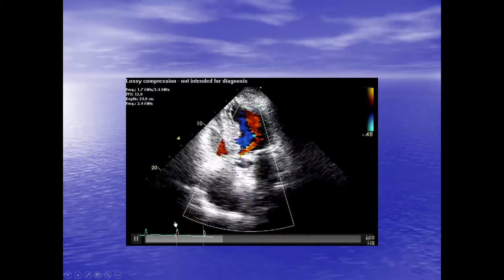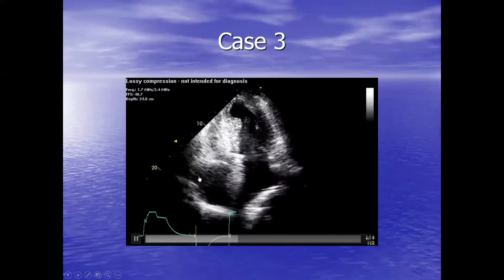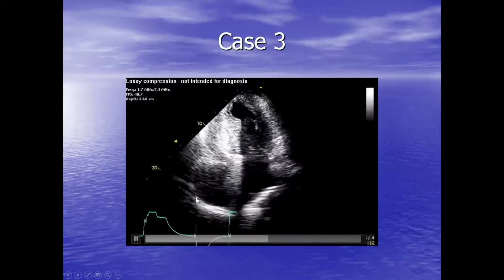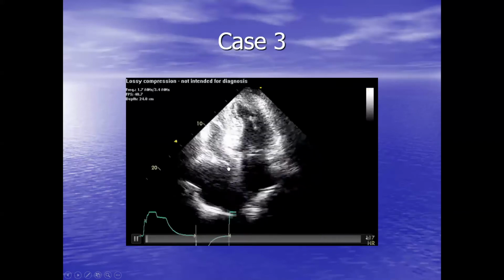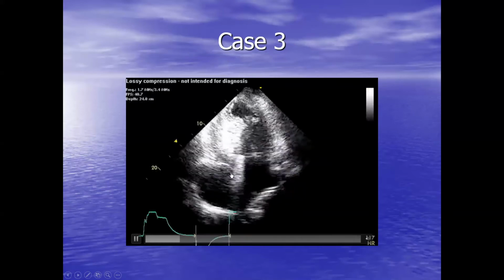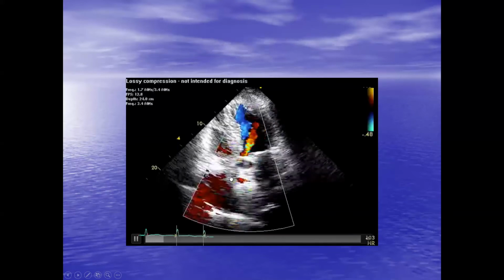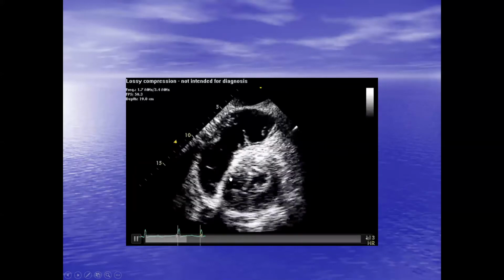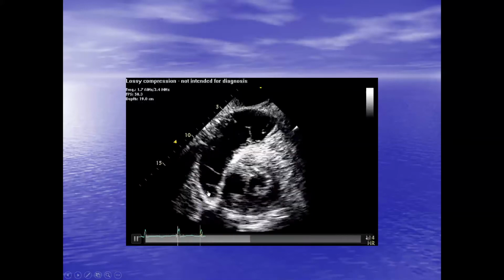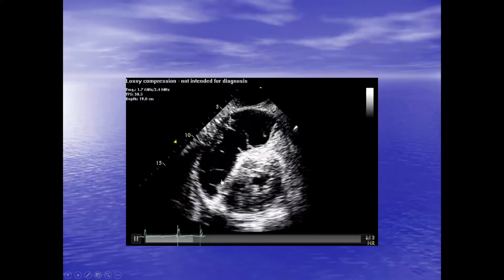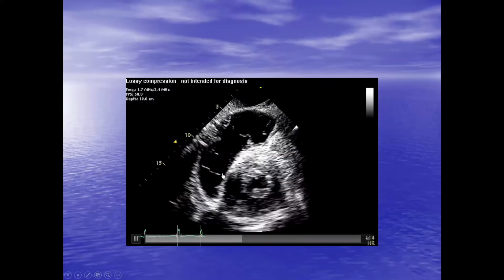In essence, all that we saw in the previous slide is pericardial fluid and does not represent the right atrium. And you can see a hint of the right atrial wall being compressed here in retrospect. So this is all pericardial fluid with collapse of the right ventricle, which is pretty dramatic. And this person was drained emergently and did well.